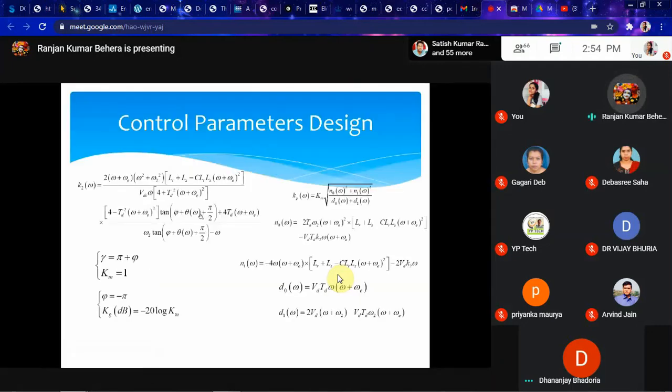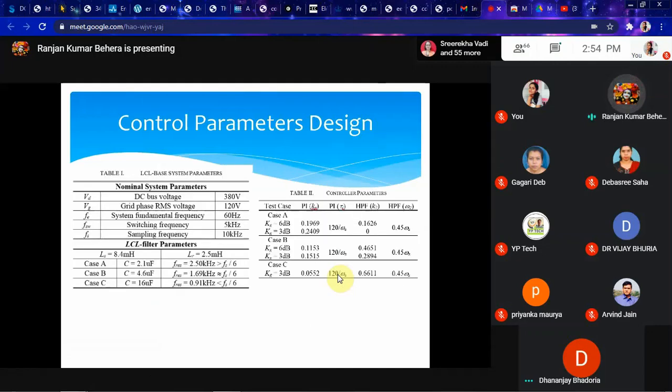These are the controllers. Different control gains, K, Ki, and these are the different parameters. This is the LCL based system parameter. You can see that the DC bus is 380 and 120 volt, then the frequency. And this is your LCL filter parameter.